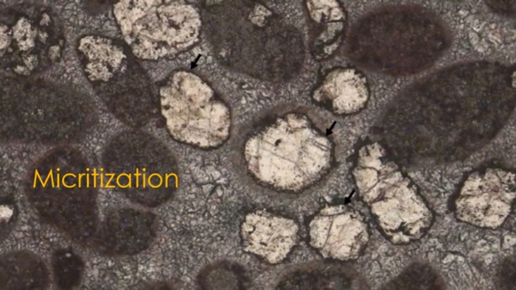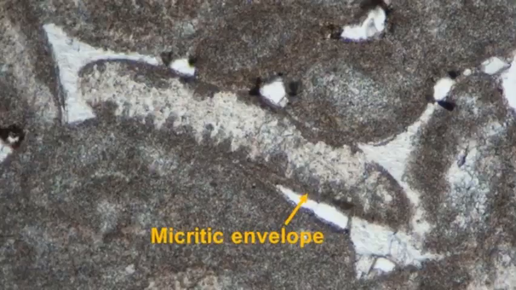We call this process micritization. It is the breakdown of clasts into micrite. Here, you can see a large clast surrounded by a micritic envelope. It is in the process of being broken down into micrite.